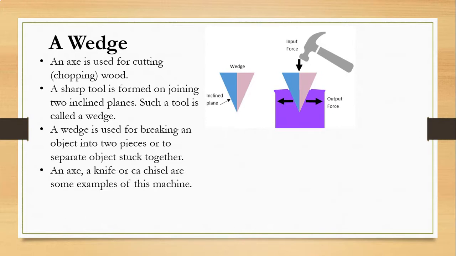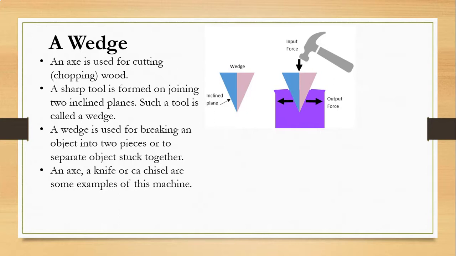An axe. So in day-to-day life, which particular wedges do we use? An axe, a knife, or a carved chisel are some examples of wedges. The perfect example which we use every day is a knife.